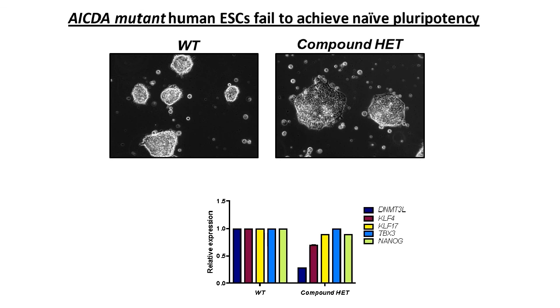And when I looked at the expression, in the lower panel, of various naive-associated genes in the compound heterozygous cells, I saw that these cells fail to upregulate some of the genes that are associated with the naive state. So this data suggests that AID is required for the achievement of the naive state in human pluripotent stem cells also.